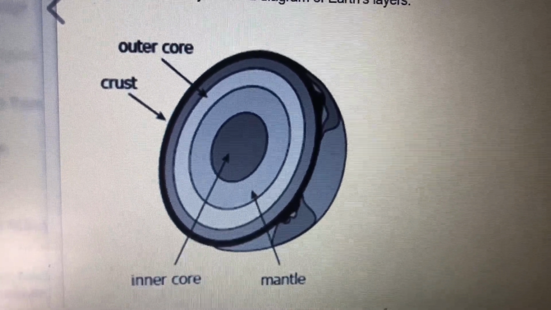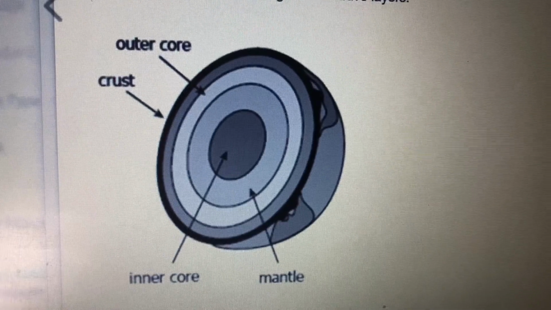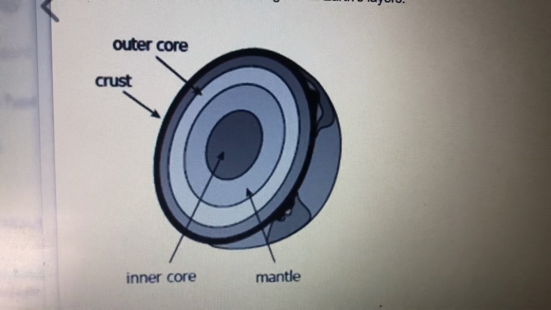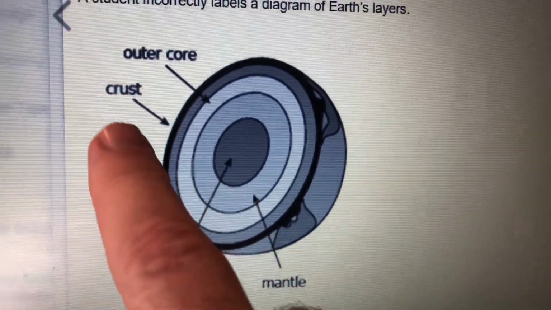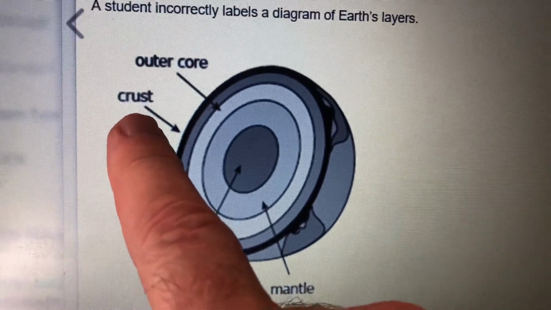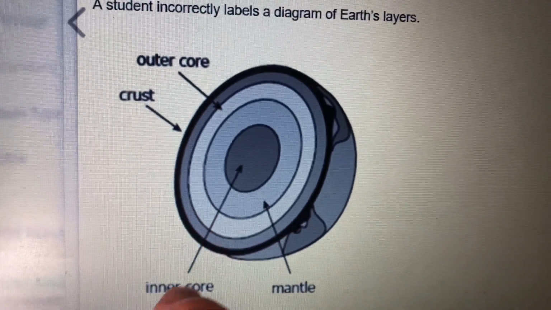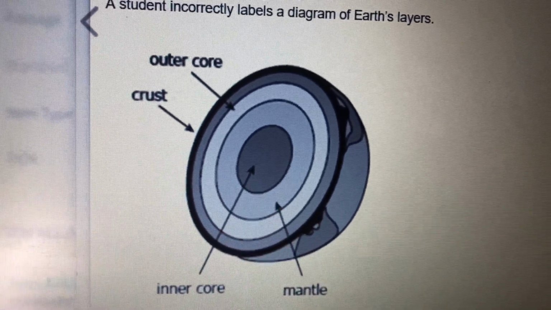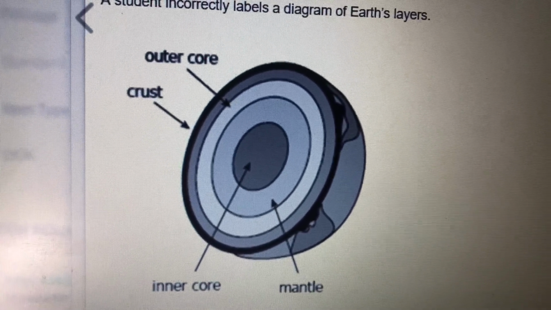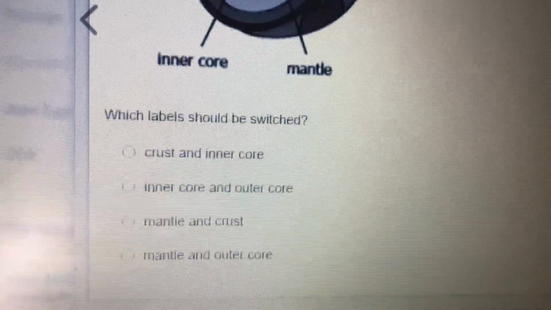So let's look at the ones that are correct. The crust is correct, right? And the inner core is correct. So which levels should be switched?